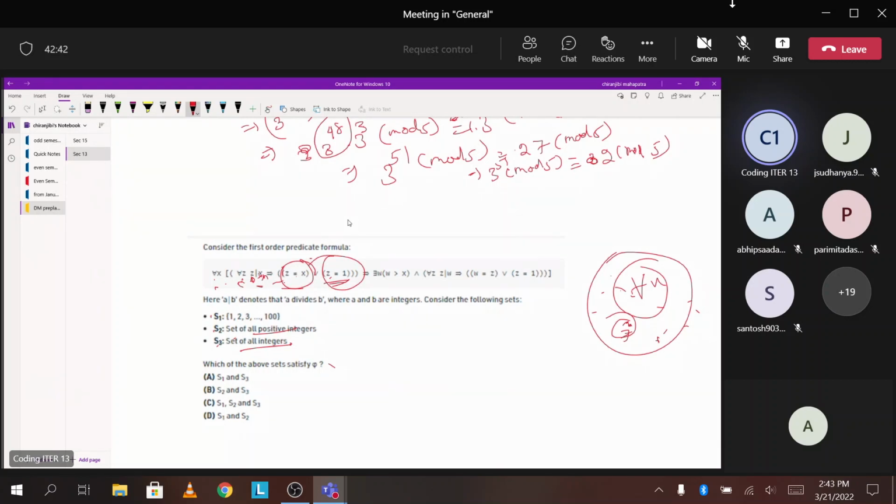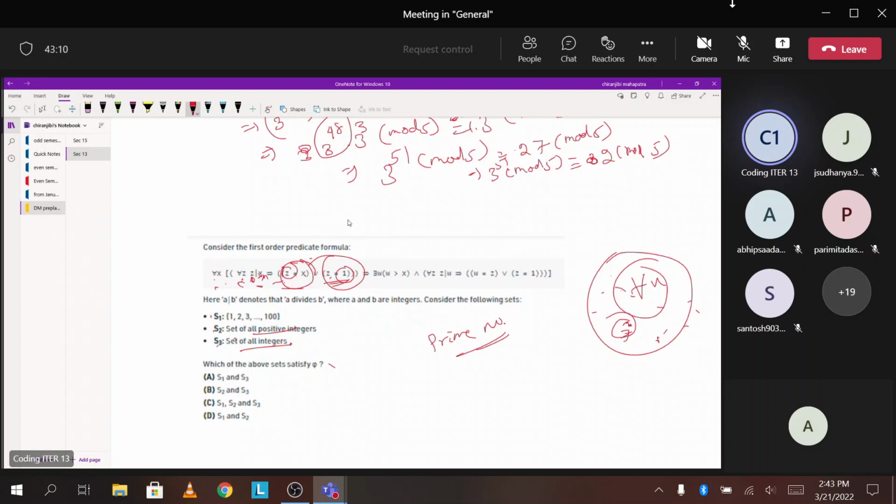So जो फैक्टर्स रहेंगे, either the factors that will be dividing will be equal to x, okay, or z equals to 1. So that means x has only two factors, either that one itself or 1. That means this is the definition of a prime number.